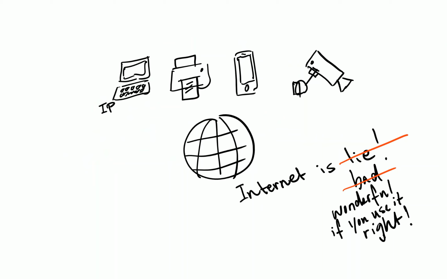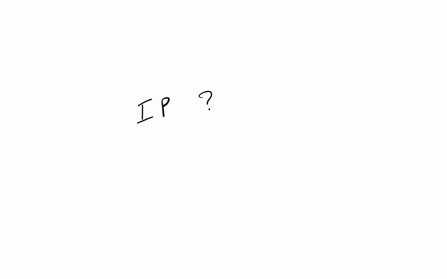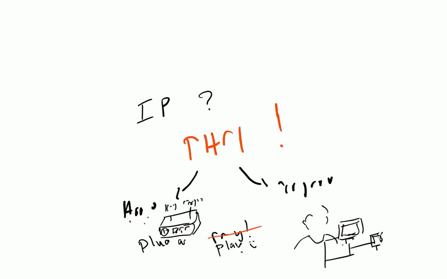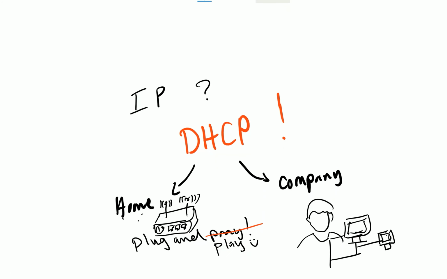So let's get going to the next slide here. IP then, how will that work? Who will give you the IP? Well, the DHCP server is the server that's in charge of assigning IP addresses to the hosts. And who will configure the DHCP server?